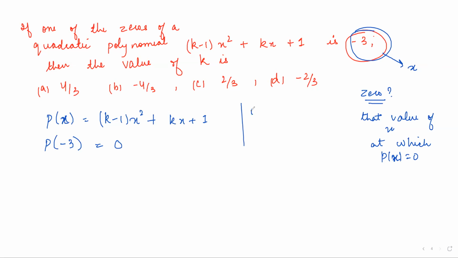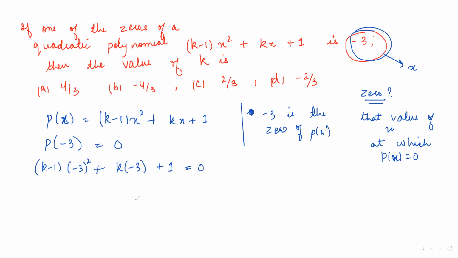It is given that minus 3 is the zero of the polynomial, so by the definition of zero, at minus 3 the polynomial should become 0. So wherever you have x, write minus 3. That means (k minus 1) into (minus 3) whole square plus k into (minus 3) plus 1 should become 0. So in place of x, now you have minus 3. So just solve it and find k.